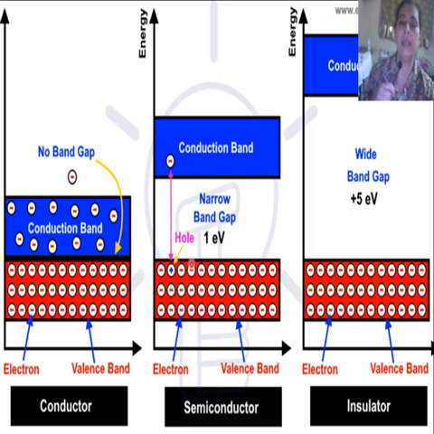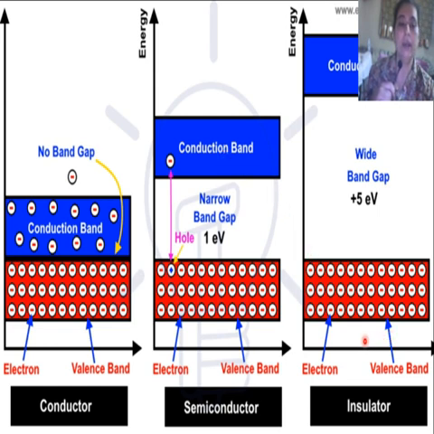Because of this energy gap at normal temperature, the electrons cannot move from the valence band to the conduction band, and they do not show conductivity. But as we increase the temperature, electrons can easily move from the valence band to the conduction band, and they show conductivity. So at normal temperature they will not show conductivity, but at higher temperature a semiconductor will behave as a good conductor.